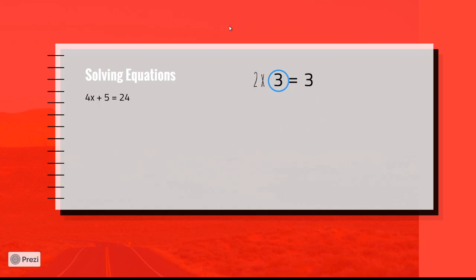To make that right, I need to multiply the right 3 also with 2. Now it will become 6 is equal to 6. So what do you understand from this? Whenever you multiply, you should multiply both sides of the equation. Never multiply just one side of the equation. The equation breaks. I'll tell you one example later.